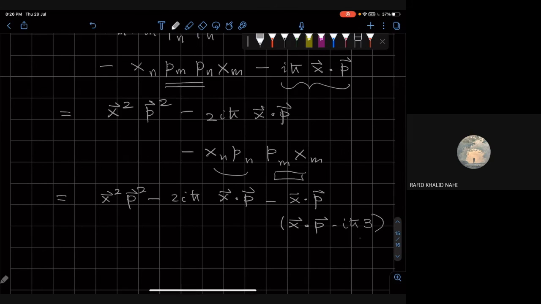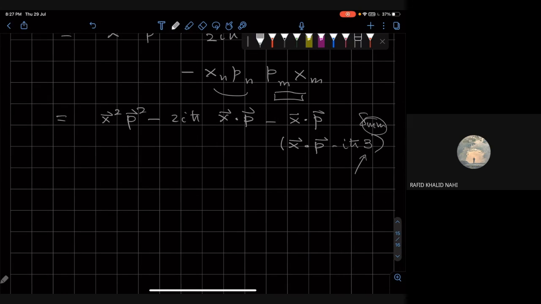Why 3? Because there's a delta mm, and summing over m gives me 3. Is that clear? So here we have a minus sign, so this minus will make it plus 3.